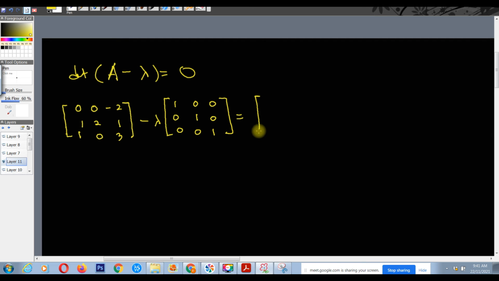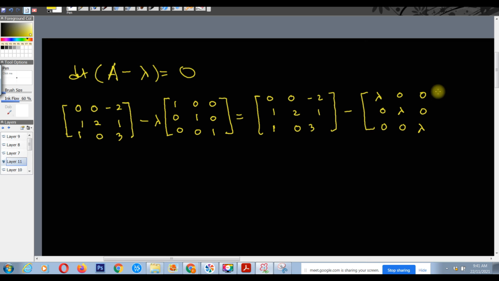So we have 0, 0, negative 2, 1, 2, 1, 1, 0, 3, minus lambda 0, 0, 0, lambda 0, 0, 0, lambda.